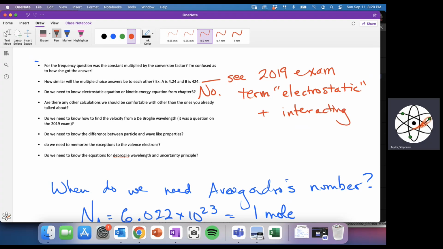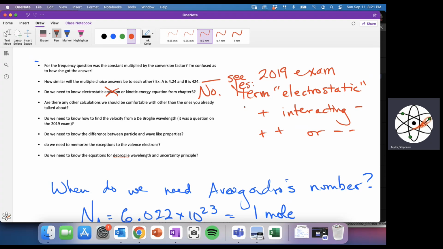Whenever we say electrostatic interactions, we're talking about positives and negatives, or positives and positives, or negatives and negatives. We're talking about charge interactions. So no on the equations, but yes on terms.